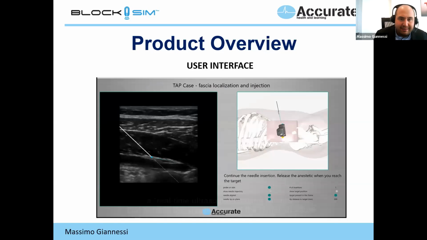This is instead the user interface. Once you load the case, the user has the ultrasound picture on the left side. You see over there already the needle inside and the ultrasound fascia layers visualized. On the right side, you have again the anatomical image of the patient body.